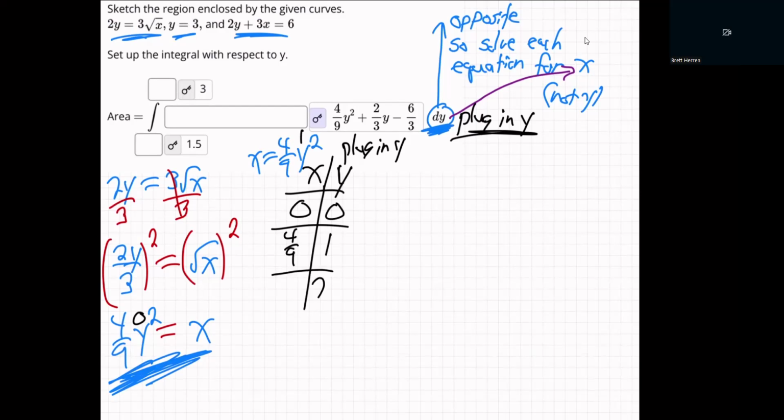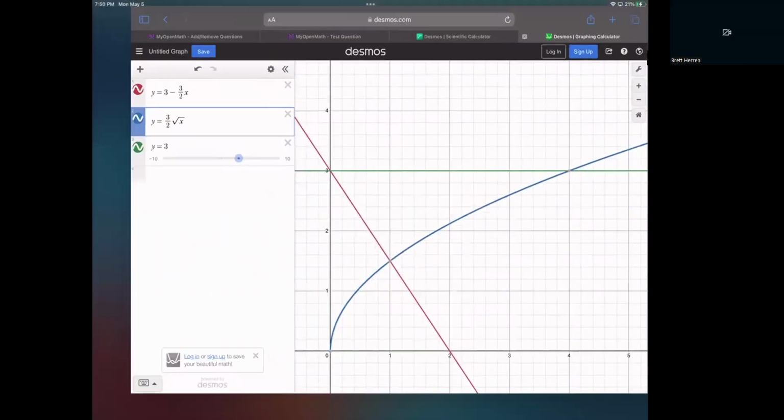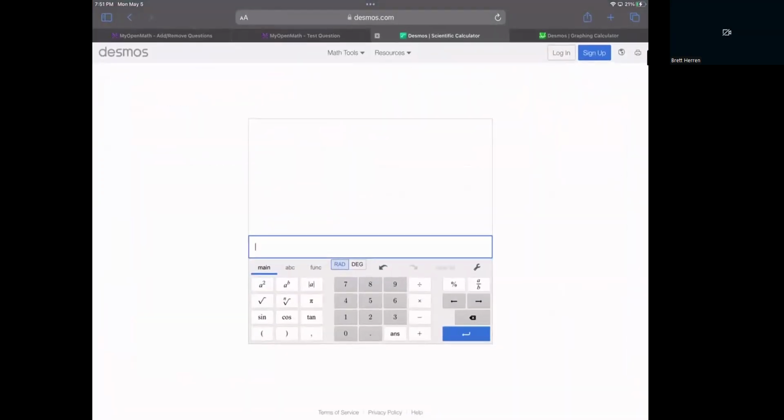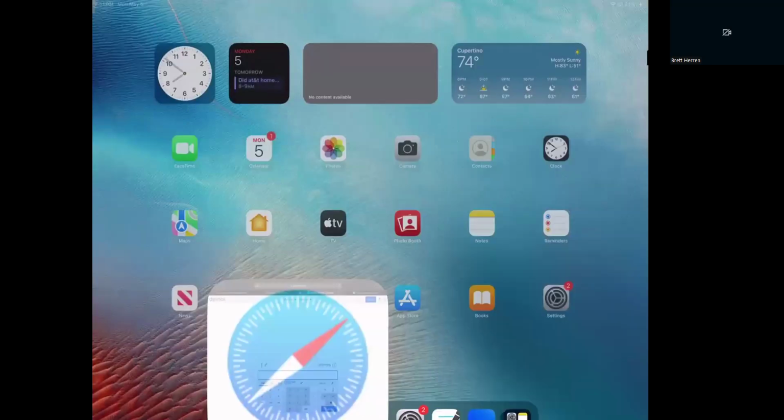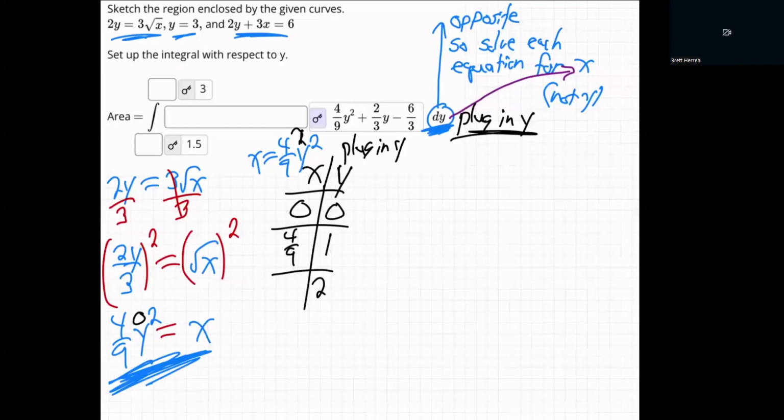When you plug in 1 for y, what is x going to be? 4/9. If you plug in 2 for y, you can go to Desmos if you want: 4/9 times 2 squared, and I get 1.77. I'll just say 1.8.